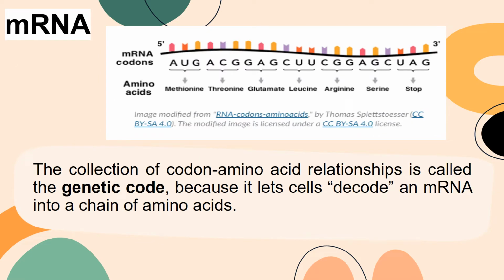Next, the collection of codon-amino acid relationships is called the genetic code because it lets cells decode an mRNA into a chain of amino acids. So the role of mRNA in translation is to tell the ribosome what amino acids are needed in a specific protein and what order to put them in.